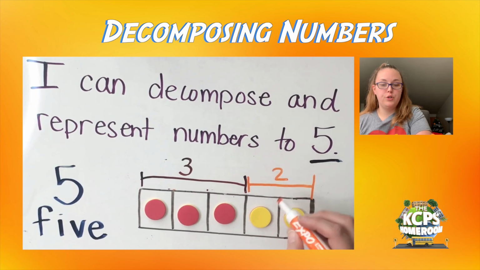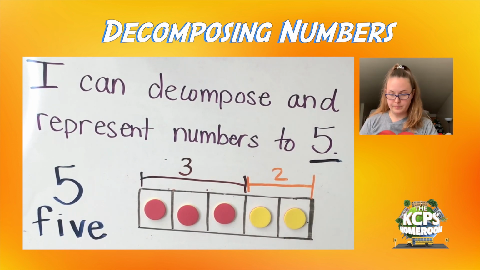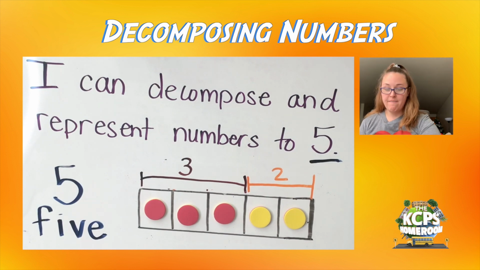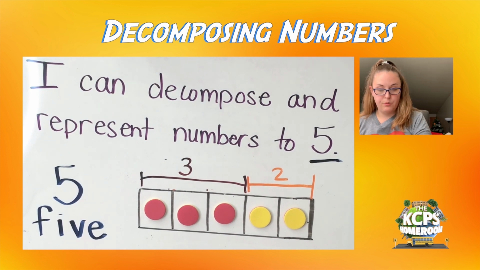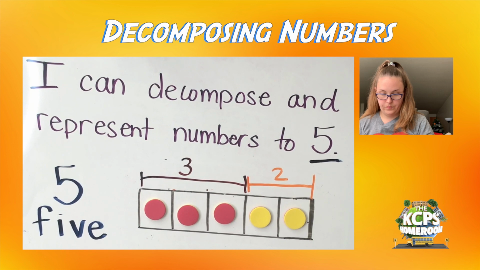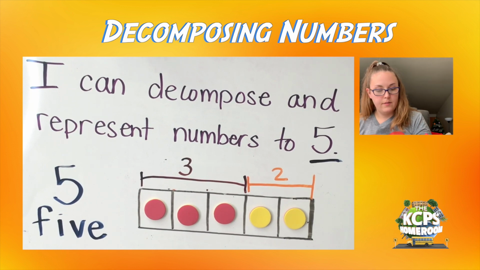I have 2 yellow counters here. So that means I also know that 5 is the same as 3 and 2. So 5 is the same as 3 and 2.